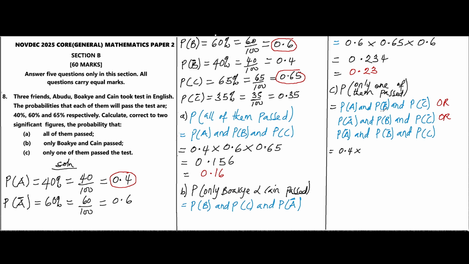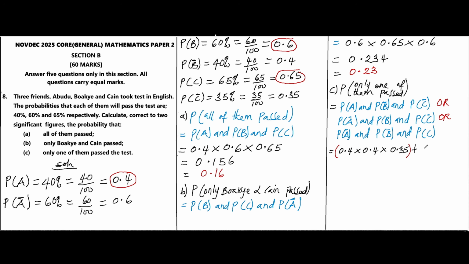Boakye failed, we have 0.4, and Cain failing, we have 0.35. So that is one of the conditions. In the probability language, the word or means addition.